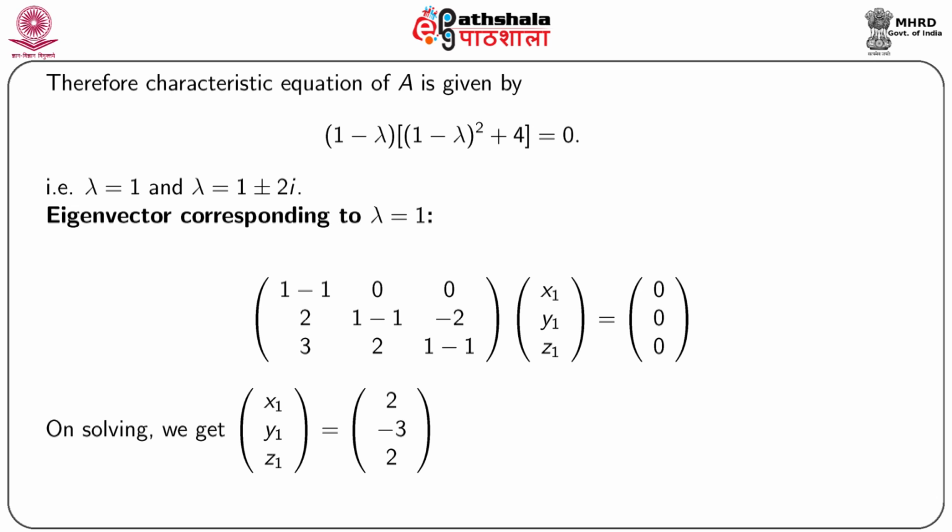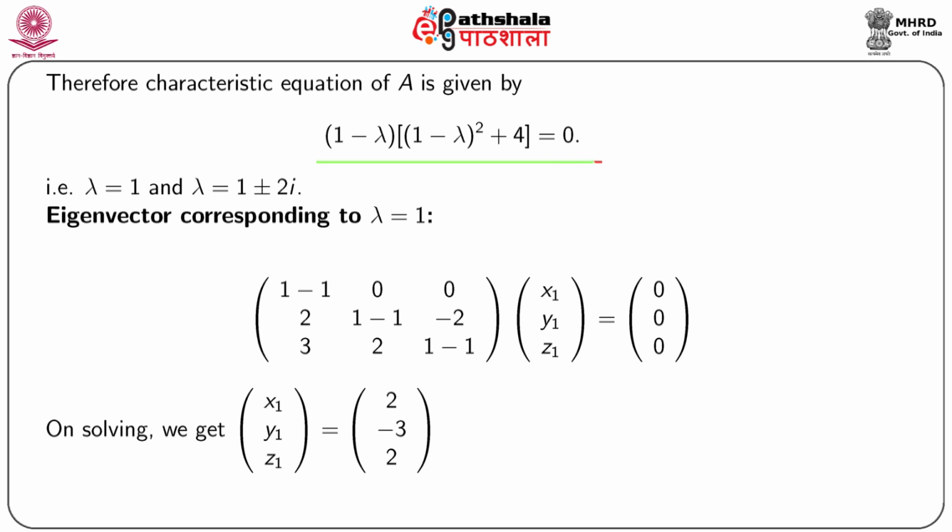Therefore, the characteristic equation of A, by expansion of the determinant, is (1 minus lambda) into ((1 minus lambda) square plus 4) equal to 0.